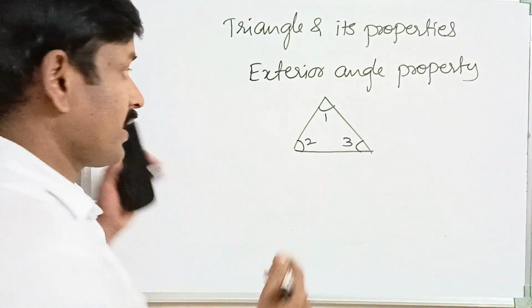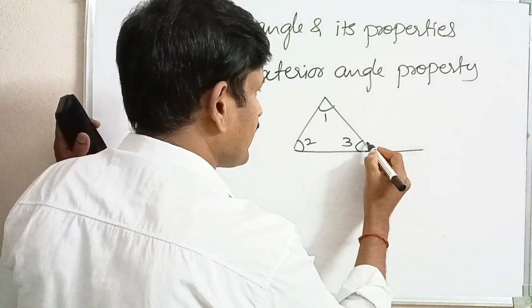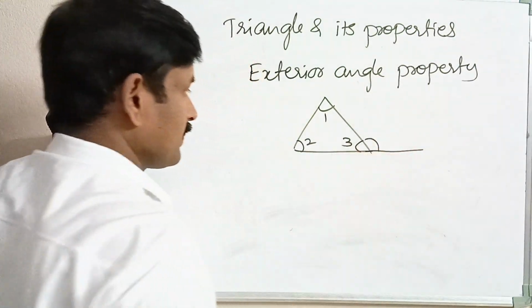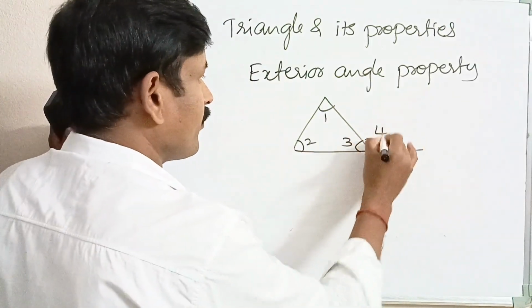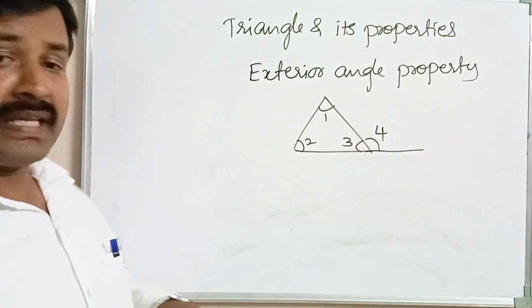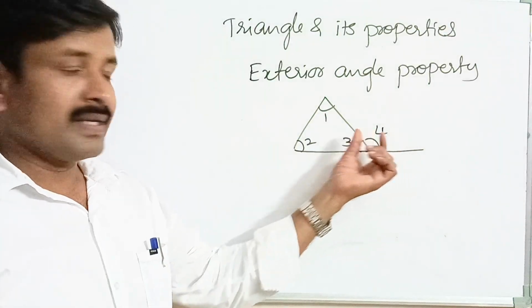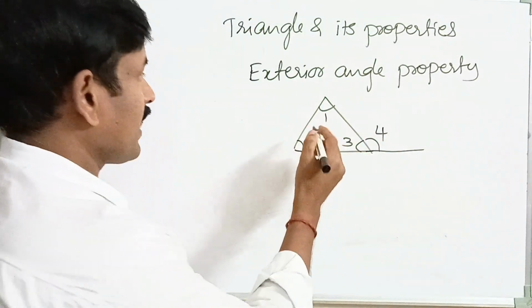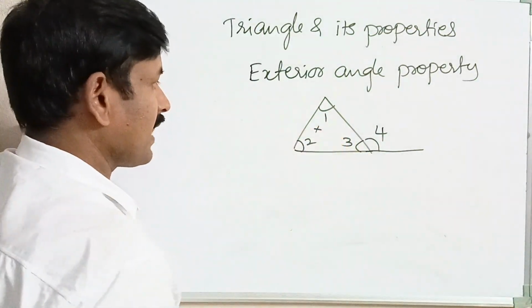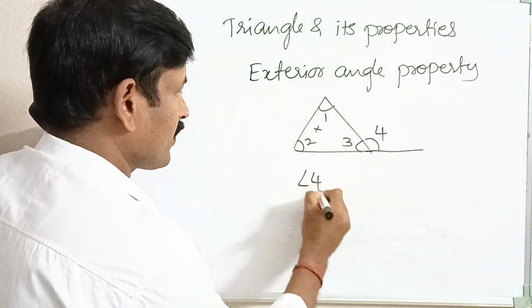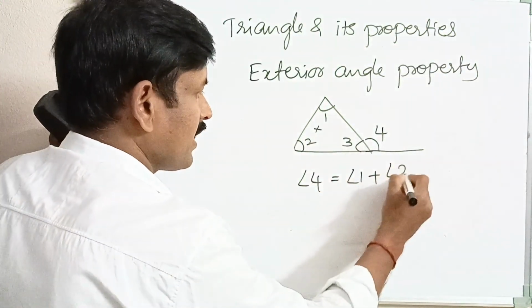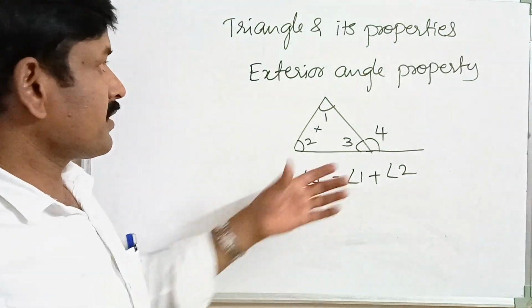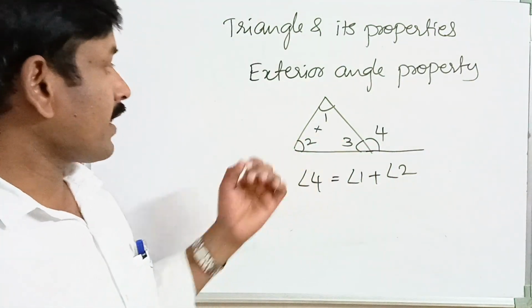Now angle 4 is an exterior angle. The measure of any exterior angle is equal to the sum of its interior opposite angles. Here angle 4 is equal to angle 1 plus angle 2. It is the exterior angle property of a triangle.